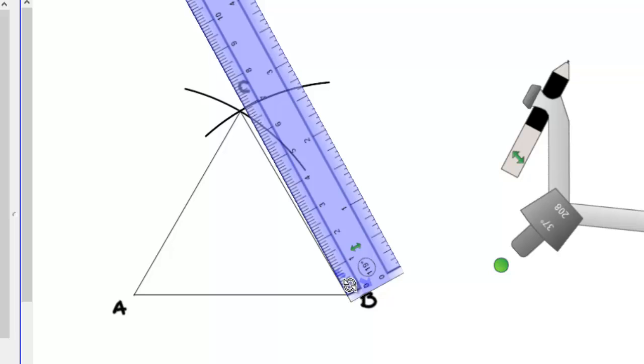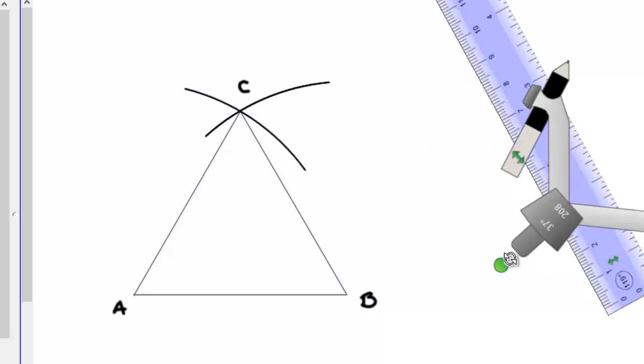Can you see it's on the arc, 7 centimeters. So that means I have an equilateral triangle, and for sure this should be 60, 60, 60.